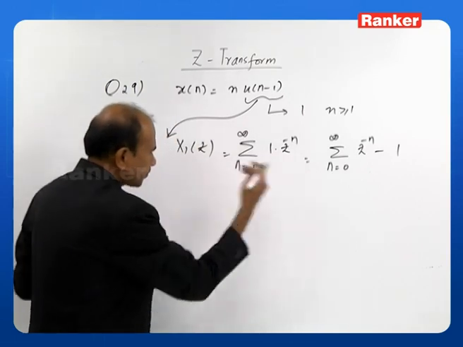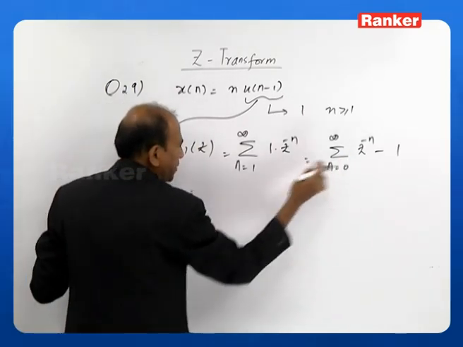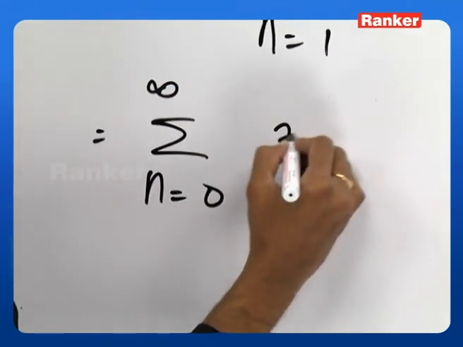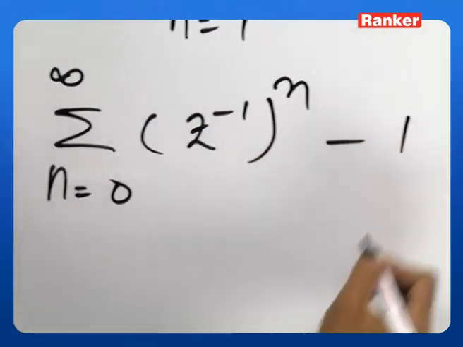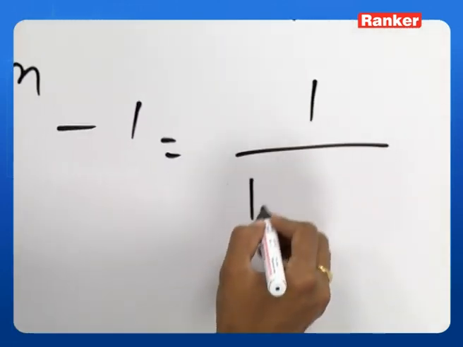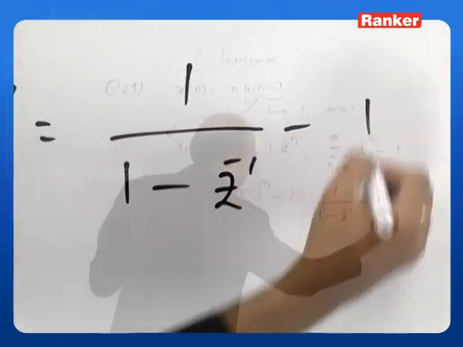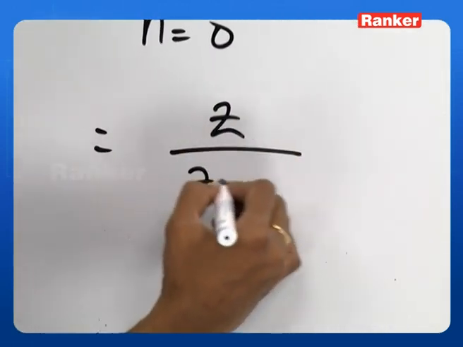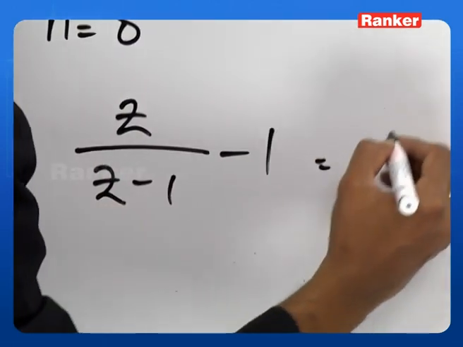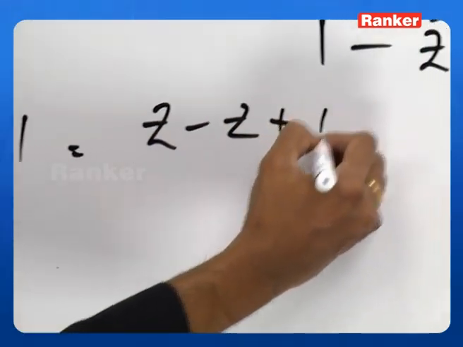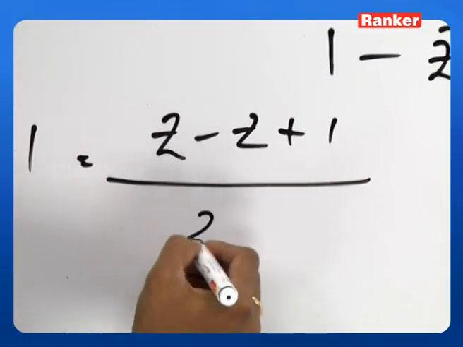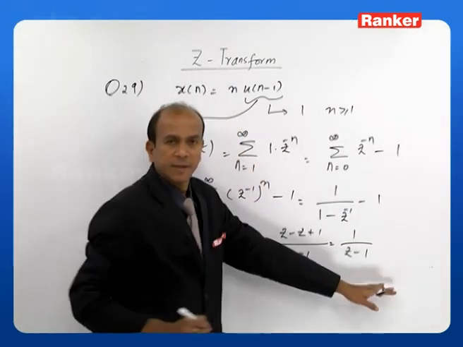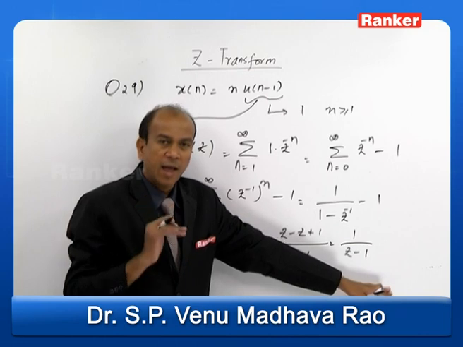So now what will be that equal to? So I can write this as 1 by 1 minus z inverse minus 1. So that will be equal to z by z minus 1 minus 1, that is z minus z plus 1 by z minus 1. So this will be equal to 1 by z minus 1. So this is my x of z.